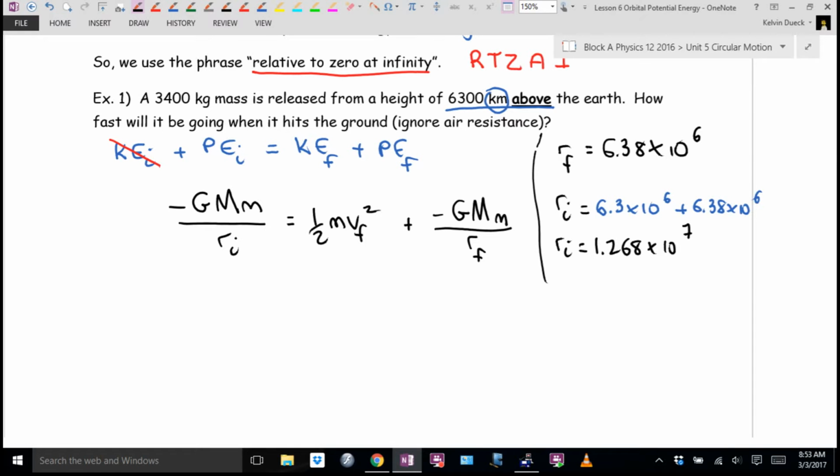Let's go back to our equation. I noticed one thing. How big the mass is won't change how fast it hits. It'll change how much damage it does, but not how fast it hits. What am I trying to find?